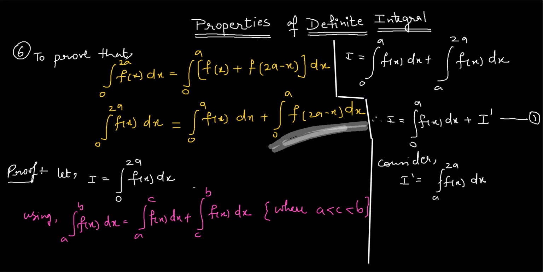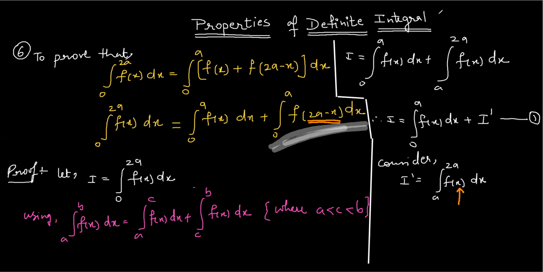Here I have x, and what I want is 2a minus x.